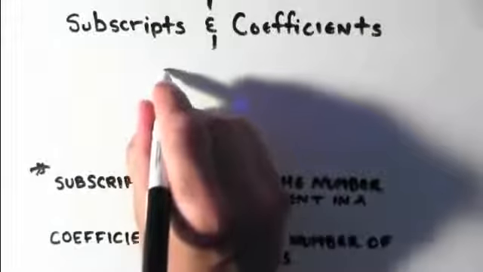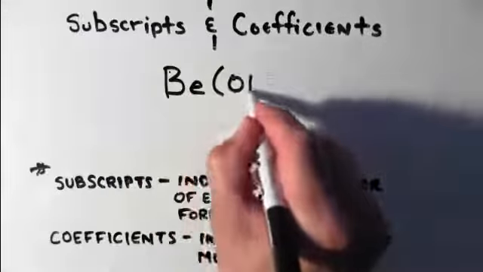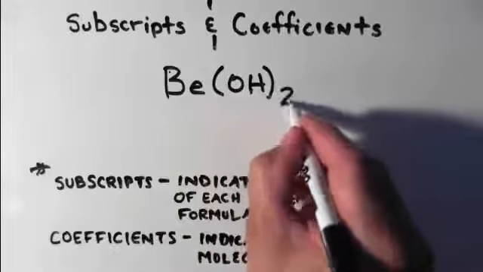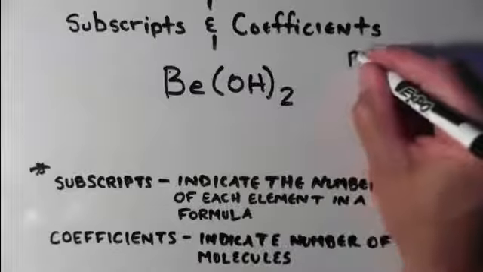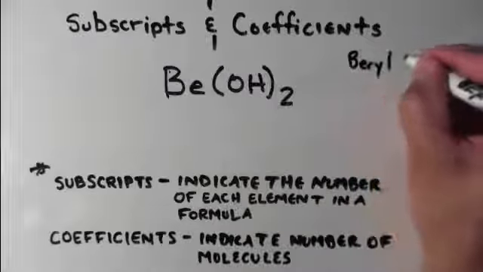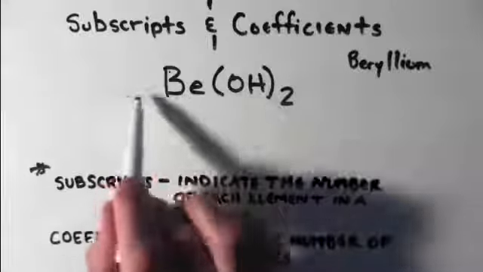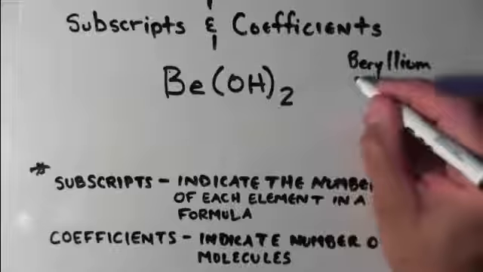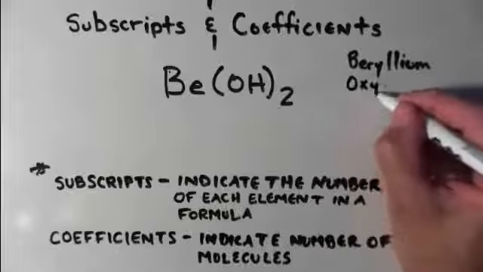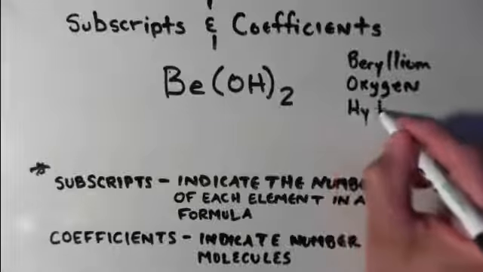What if I had beryllium hydroxide? This is the formula for beryllium hydroxide. So I'm looking at beryllium. Right now there's no coefficient, so it's understood to be 1. This formula tells me we have oxygen as well and hydrogen.